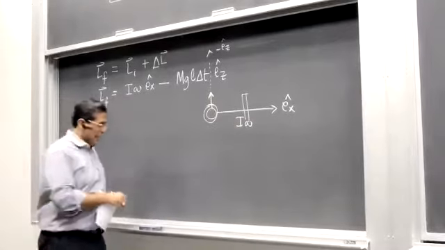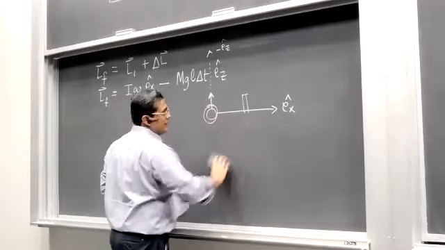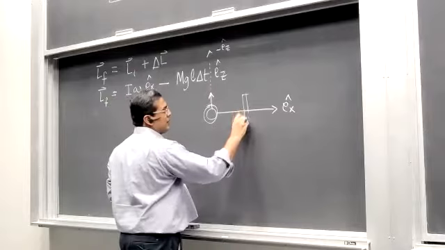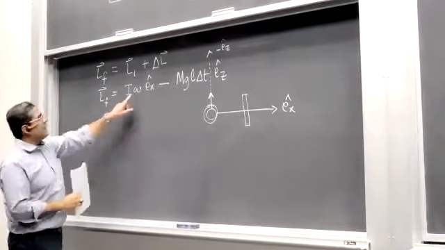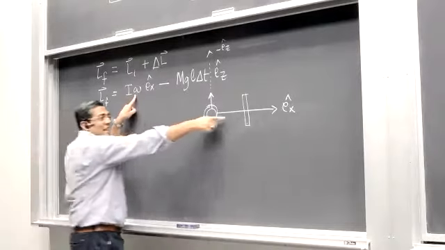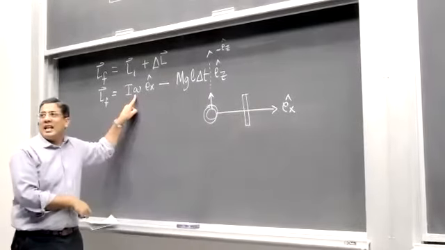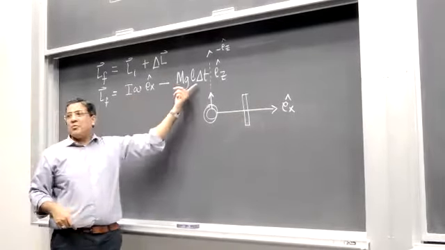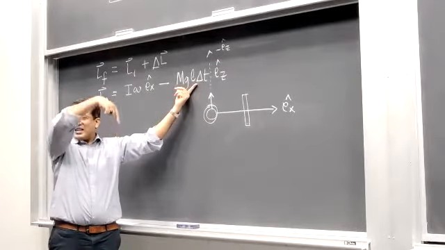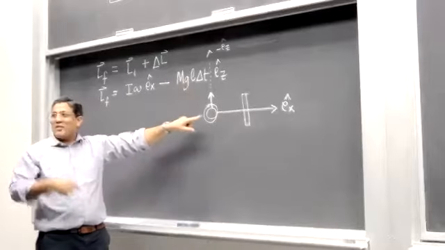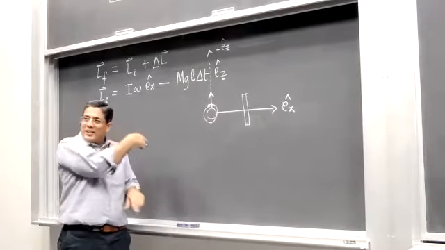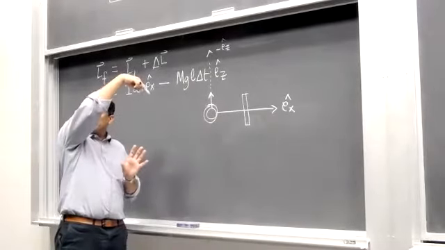The two components: this one is pointing along the x-axis, and the component caused by the gravitational force that is acting downwards. In this case, gravitational force is acting into the plane, because I'm looking from the top.